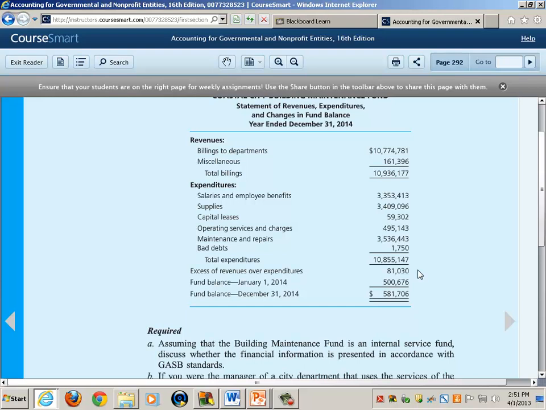No, an expenditure, you always pay out. That's the difference. An expense is expiration of a cost, like depreciation or accrual of interest. But an expenditure is one which actually involves flow of financial resources. There are resources coming out.